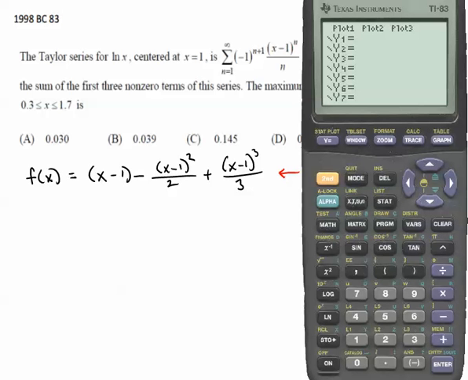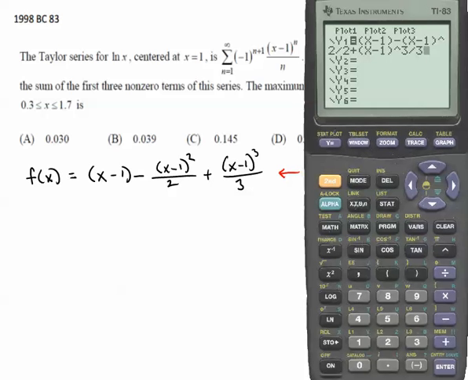So we're going to put in x minus 1, then minus x minus 1 squared over 2 plus x minus 1 to the third over 3. And that is f of x.